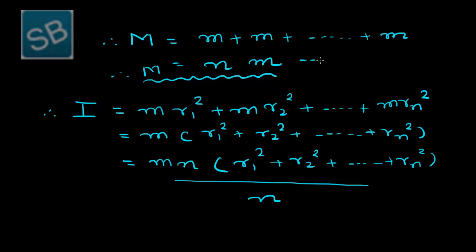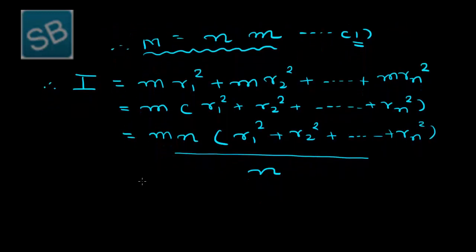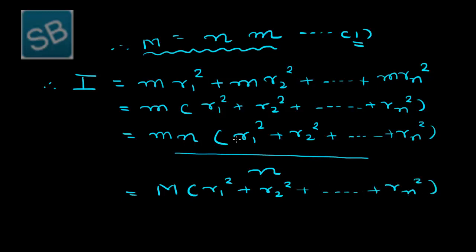Now you see this equation number 1: capital M is equal to small n into small m. So I substitute the value of equation 1 in my analysis. So M into r1 square plus r2 square plus so on rn square, this whole term divided by small n, is the new equation for moment of inertia, and the terms except the capital M I consider as one constant, that is k square.